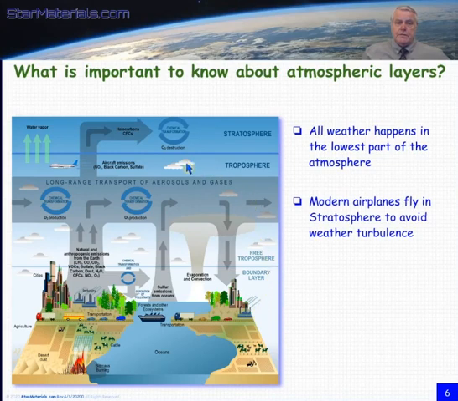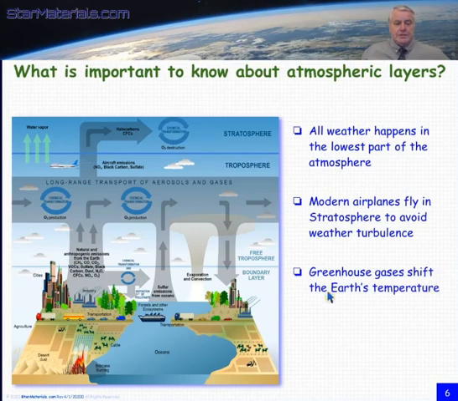Here's where, at the top of the troposphere and at the border of the stratosphere, it actually depends on how long the flight is, because it takes a lot of energy to get high up in the atmosphere. So sometimes they'll go above the clouds, above the weather, but not all the way into the stratosphere.